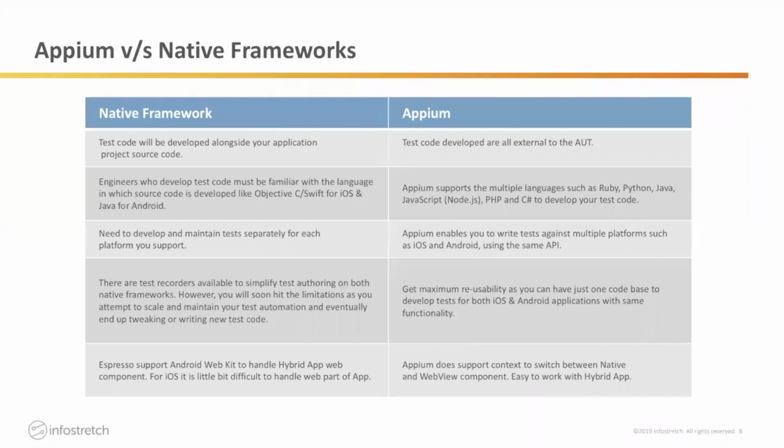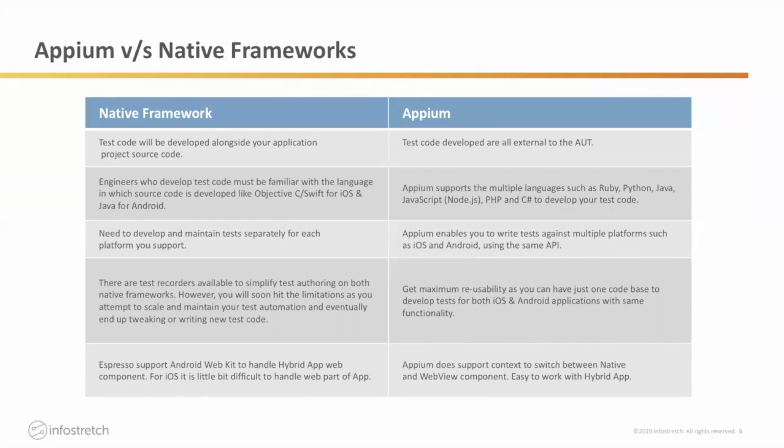Okay, so we will see how to handle a web view in a mobile app using both the native as well as the Appium framework. These two approaches are the most commonly used in the industry. With native frameworks such as XCUITest or Espresso, the test code is developed alongside your application project source code.